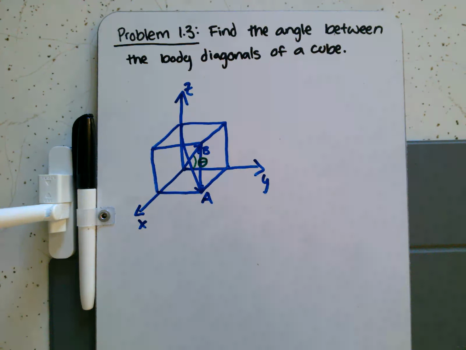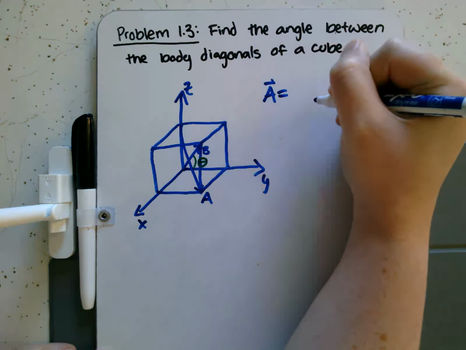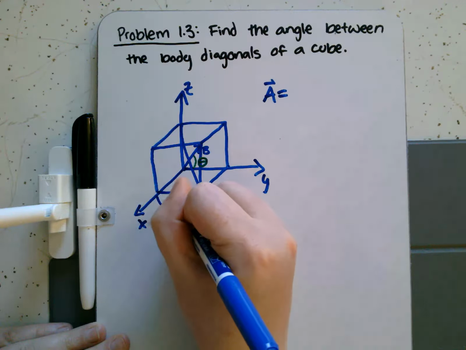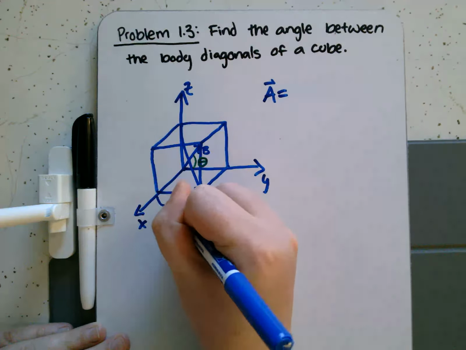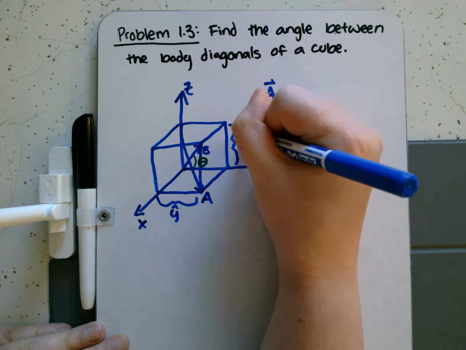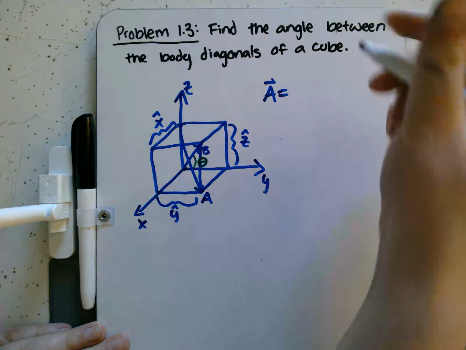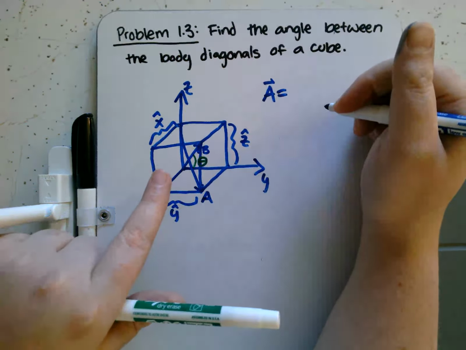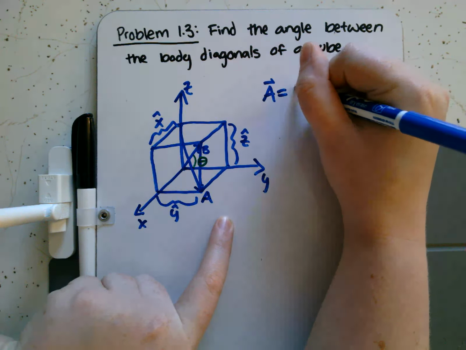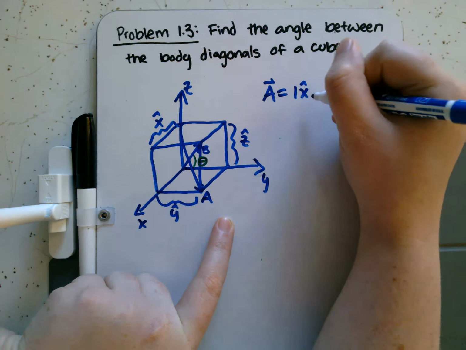So let's first write out in vector notation our vector A and vector B. So if I consider a unit vector in Y, a unit vector in Z, and a unit vector in X, A from the top corner where it originally started down to this bottom corner has moved 1 in the X direction, so it has a length of 1 X hat.